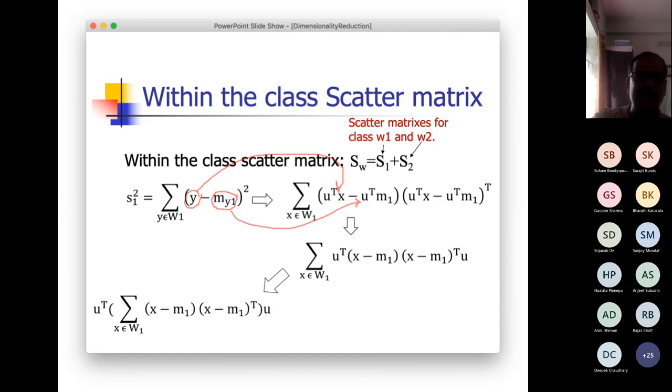And finally, you can write it in this form, which is once again the corresponding covariance matrix, the corresponding scatter matrix of the data points.